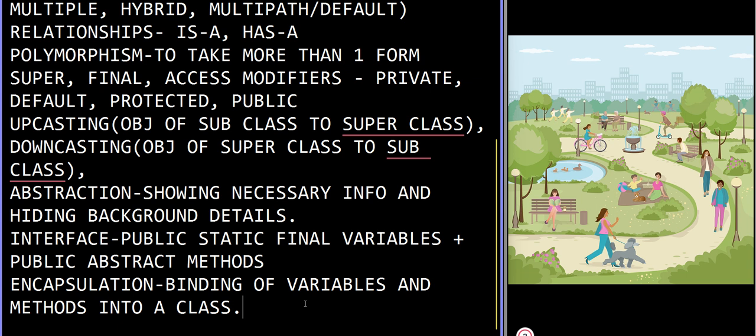What they will do is include all these chemicals into a tablet. Like that they will encapsulate it. Likewise in encapsulation, we will bind all the required variables and methods into a class, and all of this is included into a class, like they were encapsulated.